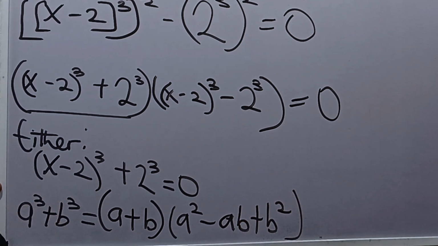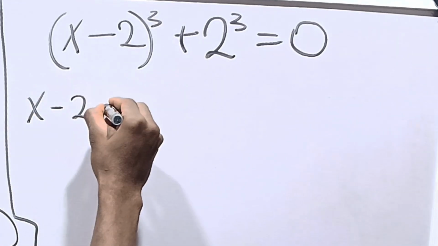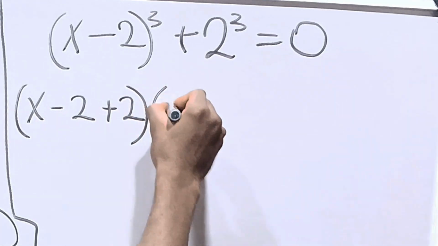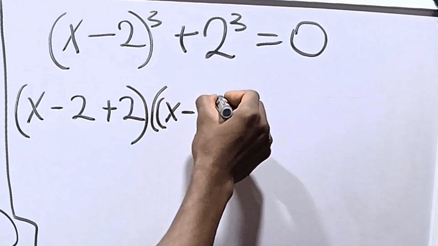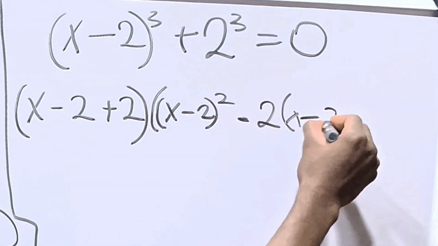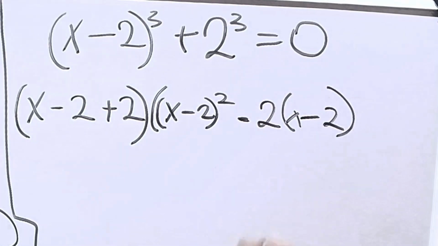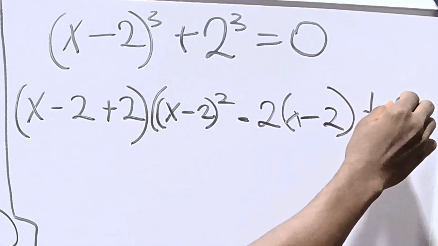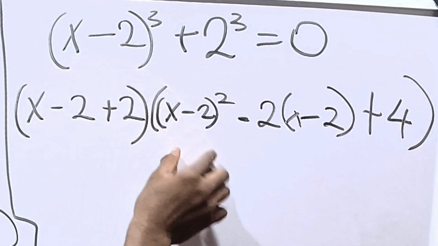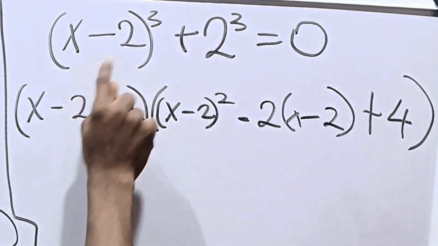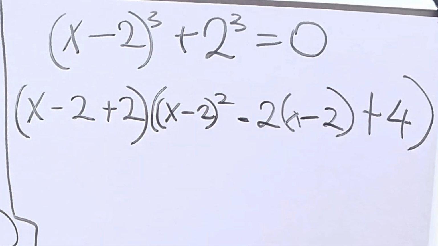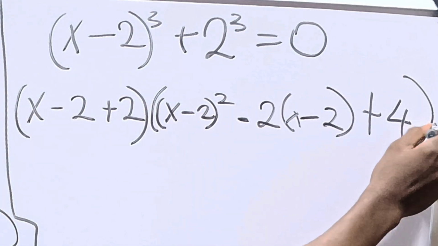Hence, applying this law here, (x − 2 + 2) multiplied by ((x − 2)^2 − 2(x − 2) + 4). Okay, so this is this squared minus this times this plus 2 squared, all right? And all these things are equal to 0, remember? So it's equal to 0.